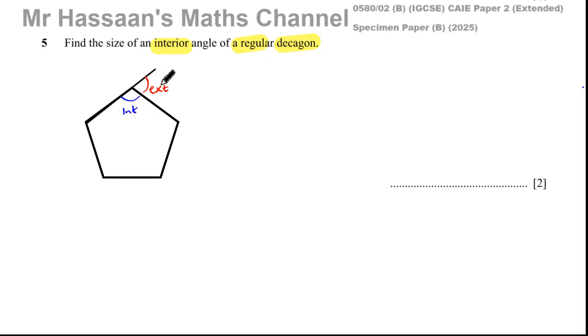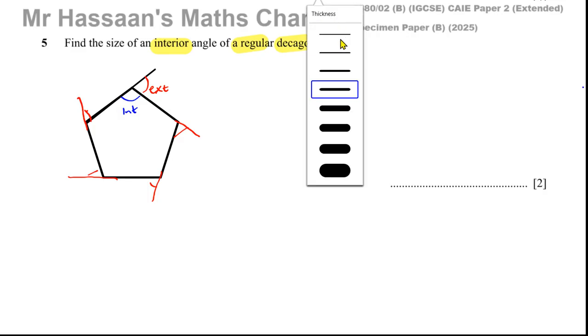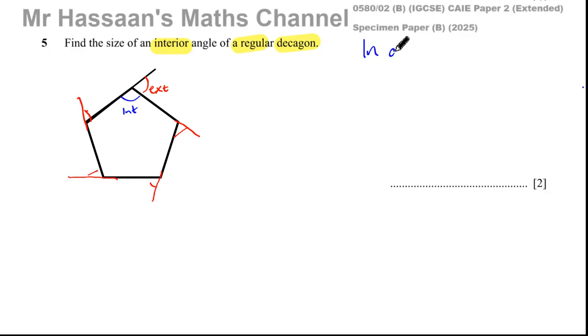The other thing we should know is that if I find the sum of all the exterior angles in any polygon, regular or not, the sum of the exterior angles is 360 degrees.